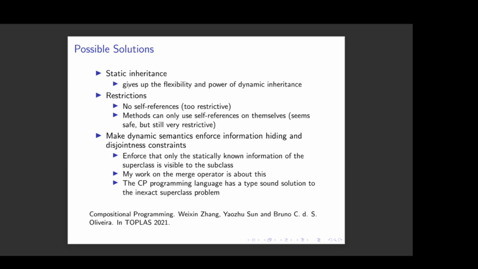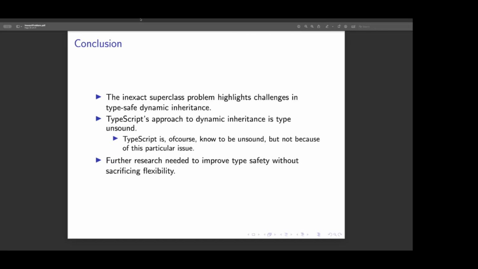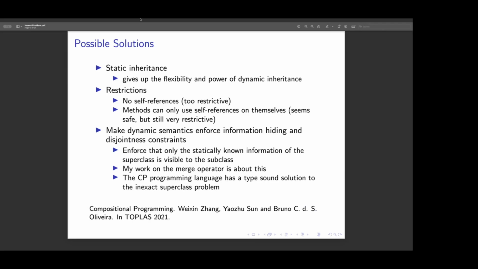First of all, it's nice to draw attention to this problem, and I didn't know you actually had a system that solves it. This is Gilad Bracha. I've thought about this in the context of type checking Newspeak, which of course would have this problem if you tried to type check it. When you say enforce that only the statically known information is known, that implies that when someone tries to pass in a class, you're going to be able to check that it somehow violates that by having extra methods.